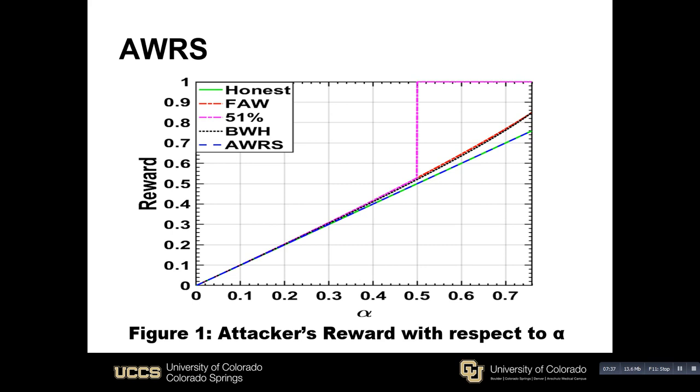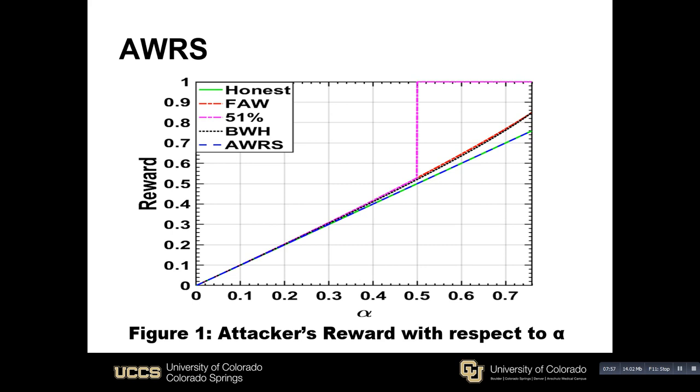If you see the pink line, when a miner has 51% computational power, he can have full control over the reward, so it shows that he can have the full reward.